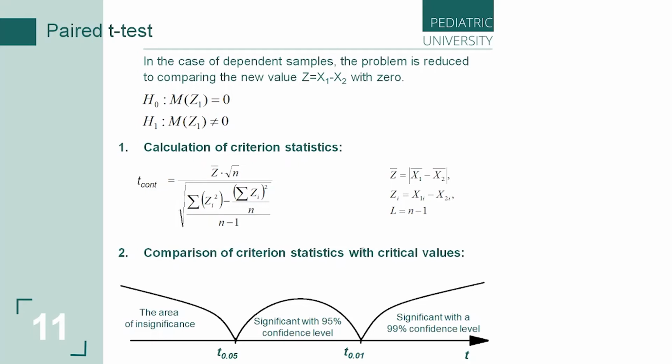Be careful: paired values tell us that the patients are the same. In this situation, we must create a new value as the difference of the before and after values. So the null hypothesis would be that the expectation of the new random variable is 0.